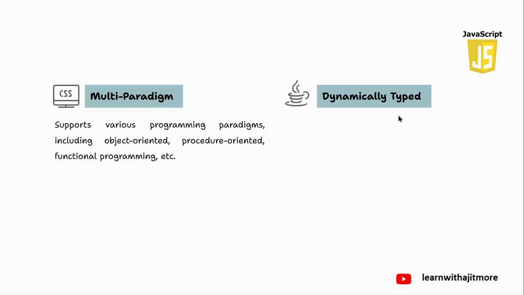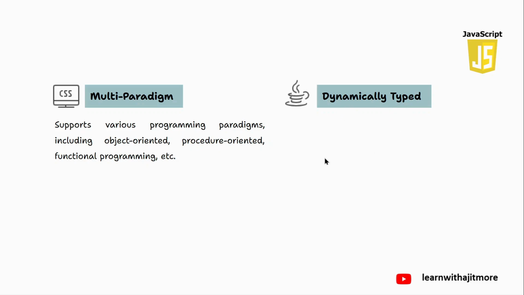Please understand it carefully. Generally, languages are static type or dynamic type. If you consider Java, C, C sharp, those are all static type. Python, JavaScript, PHP, they all come under dynamic type. Meaning what?